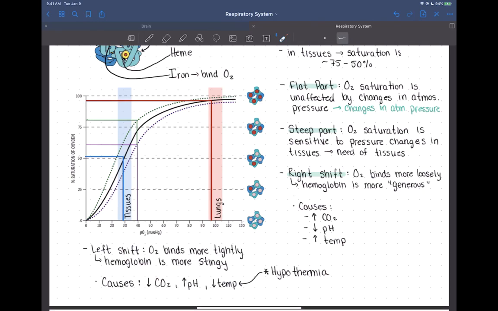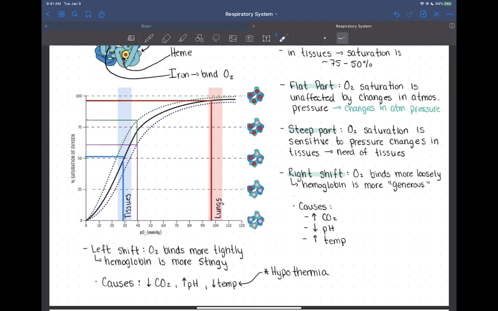Okay, so the flat part means that changes in atmospheric pressure don't have a huge impact on our percent saturation of hemoglobin. The steep part, however, because it's steep, means that very small changes in partial pressure cause big changes in our saturation. And so oxygen saturation in this area is very sensitive to pressure changes in the tissues.